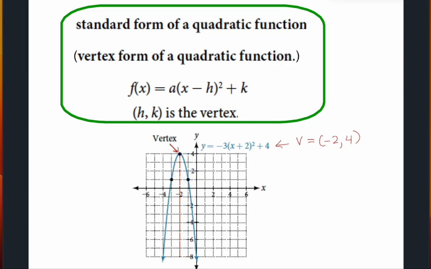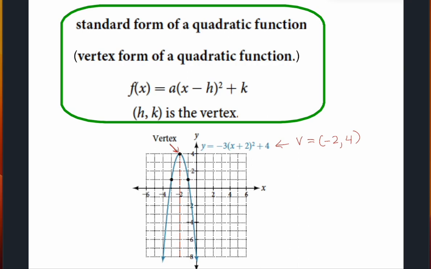Remember how normally we go 1 over and 1 up. That multiple will appear at that point. Wherever the vertex is, if you go 1 over, it will go, in this case, down 3, instead of going 1 over and up 1. So that a value appears in that relationship. That's something we're going to explore.